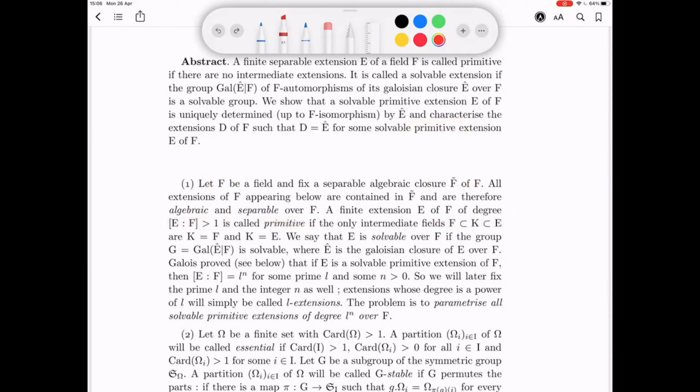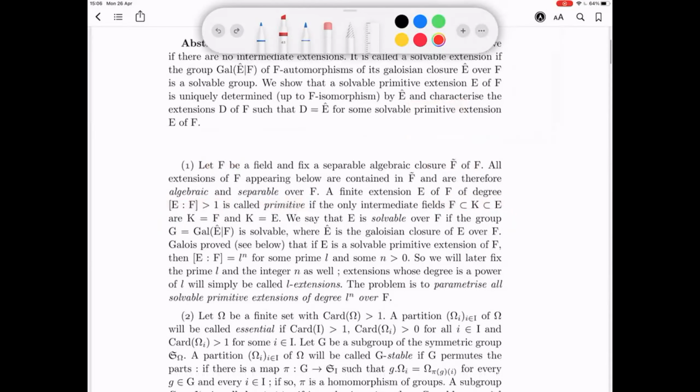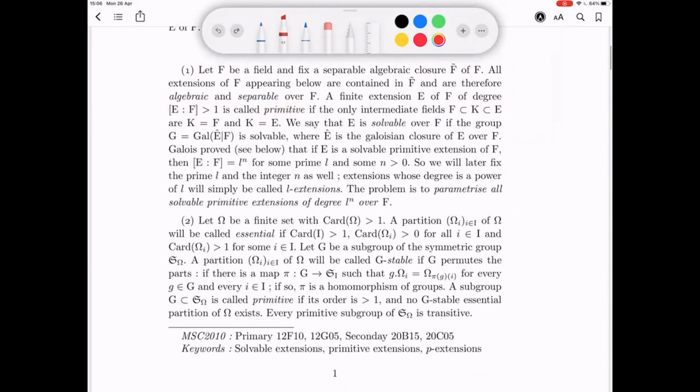Now I recall another definition which we have already come across, and that is the definition of a solvable extension.